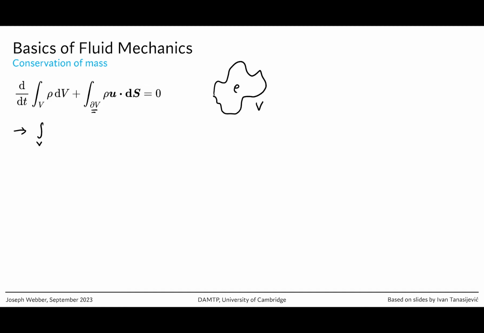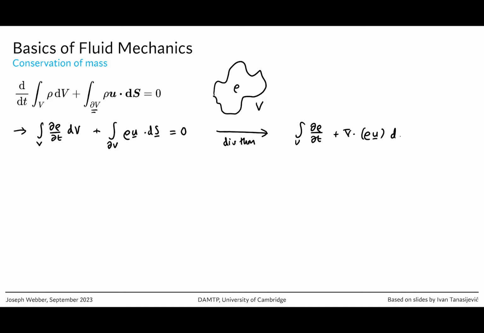First thing we'll do is pull this time derivative under the integral, so we get the integral of d rho by dt dV, plus over the surface rho u dot dS equals 0. Then we'll apply the divergence theorem to this second integral and just end up with an integral over the whole volume of d rho by dt plus div of rho u, dV equals 0.